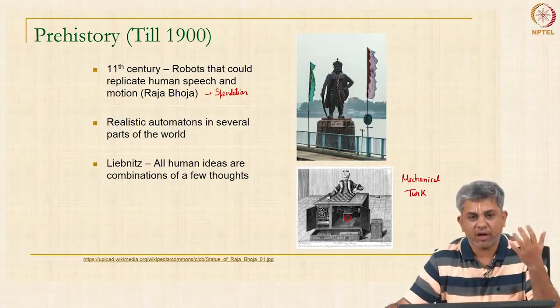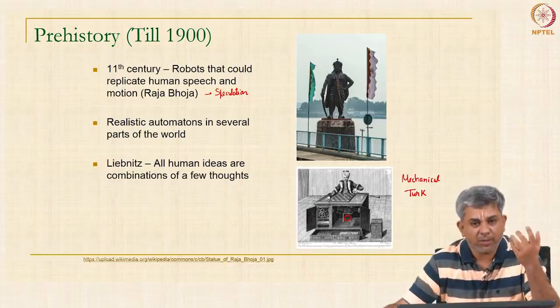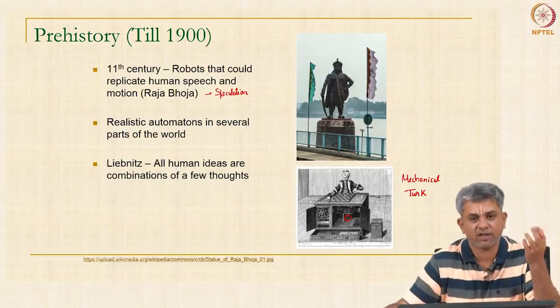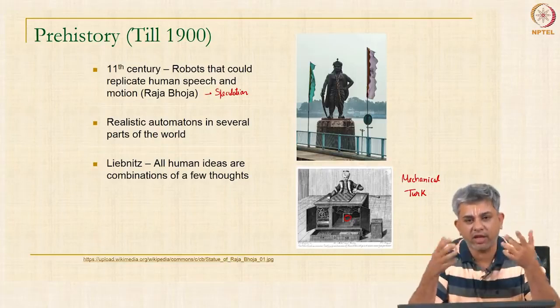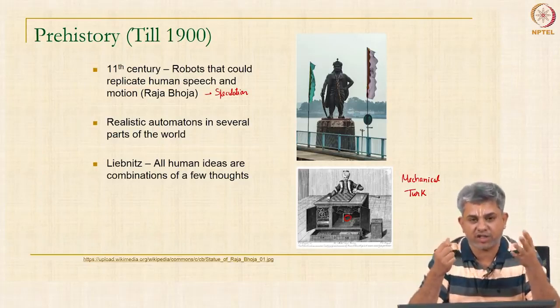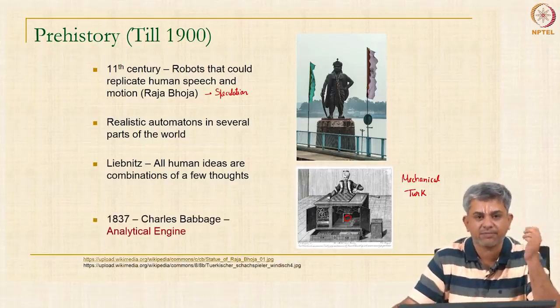Modern computers work on the basis that everything can be broken down to zeros and ones. So the basic question that machine learning people have been asking, in a very broad sense, is to see whether all that we do in terms of thinking, in terms of creativity, can be broken down into a few elemental products, a few elemental processes. So Leibniz's speculation was that this is indeed possible.